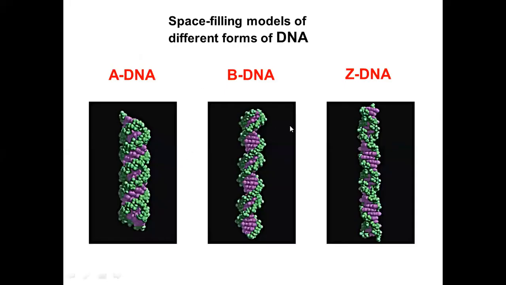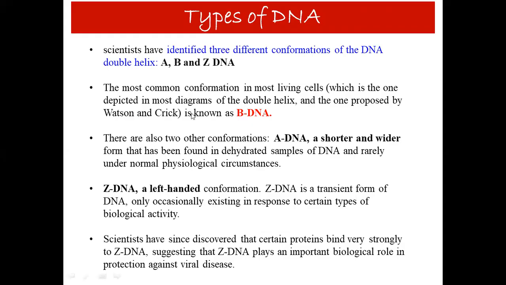Here you can see this is the B-DNA. And this is the space-filling model of different conformers of DNA. There are also two other conformations. A-DNA is a shorter and wider form that has been found in dehydrated samples of DNA and rarely under normal physiological circumstances.